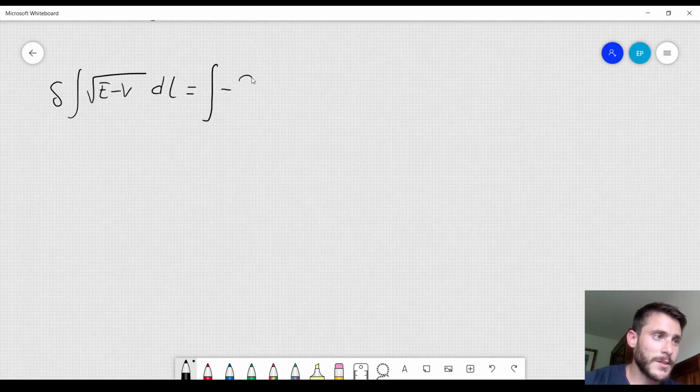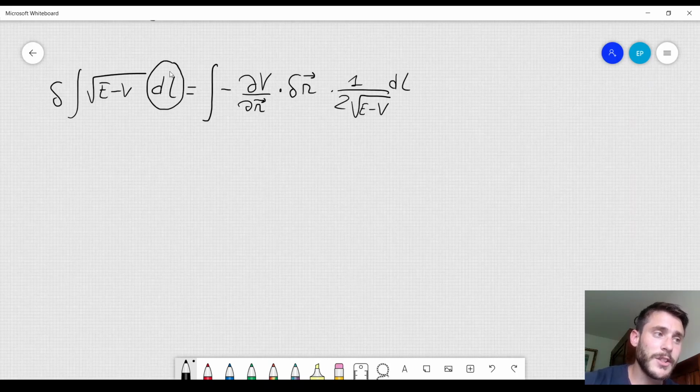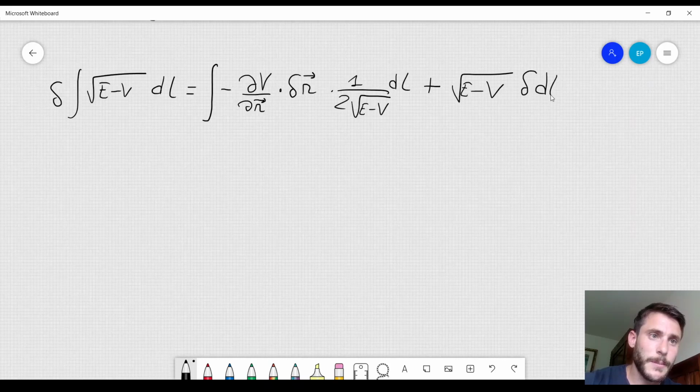So I have minus the gradient of v with respect to r, dot product variation of r, times the derivative of the square root, which is 1 over 2 square root of e minus v, dl. And I also have to vary this dl here. This dl changes if I change dr. So I have plus square root of e minus v variation of dl. And we have to find this variation here.